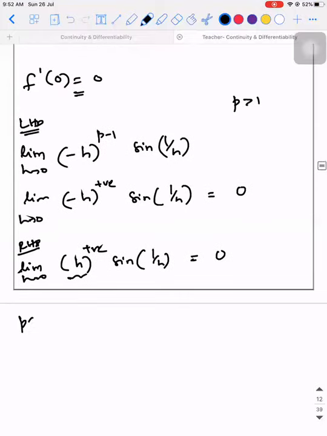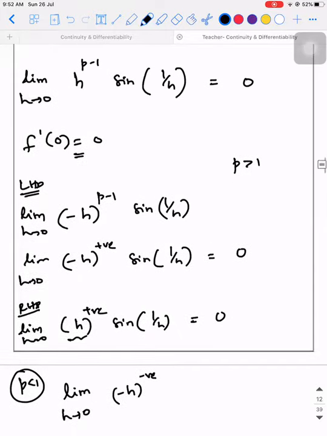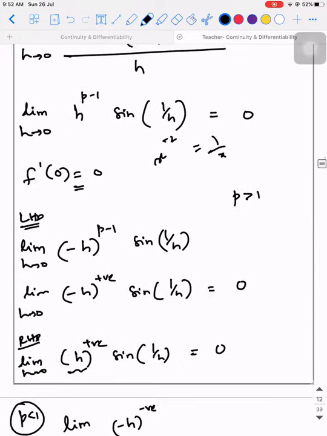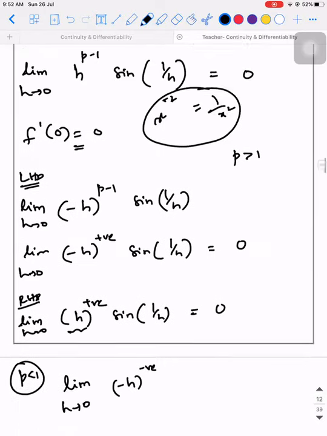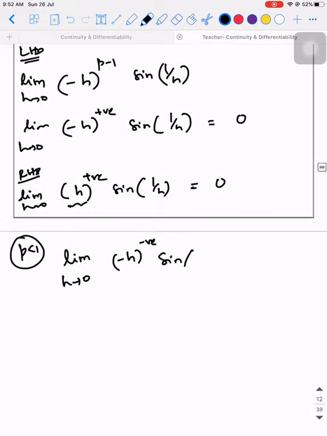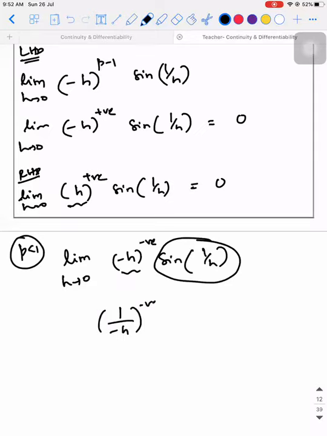When p is less than 1, the left hand derivative will be how much? Limit h tends to 0 minus h power negative value. Right? Anything power negative. For example, I have x power minus 2. What is the meaning of it? It is 1 by x square. So it becomes 1 by something into sine of 1 by h. So this is a finite value, no problem with this. But this will be like 1 by minus h to the power of a positive value.